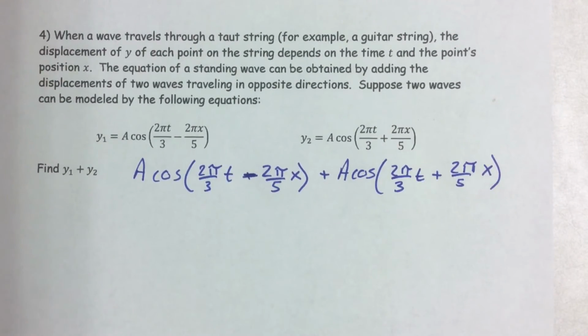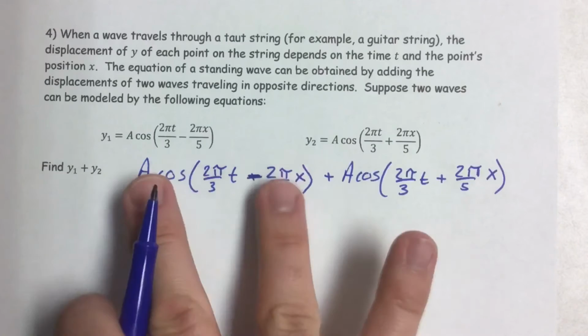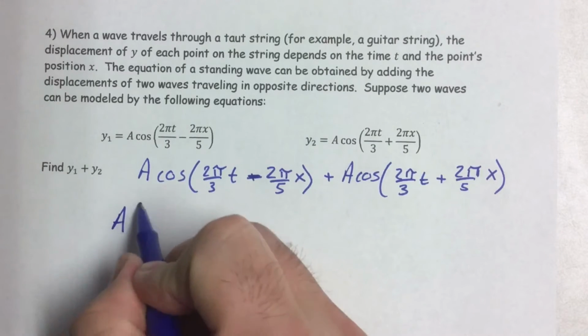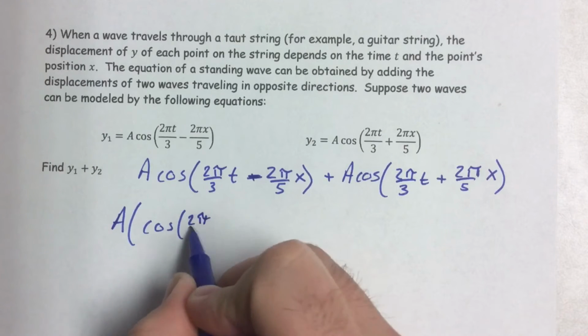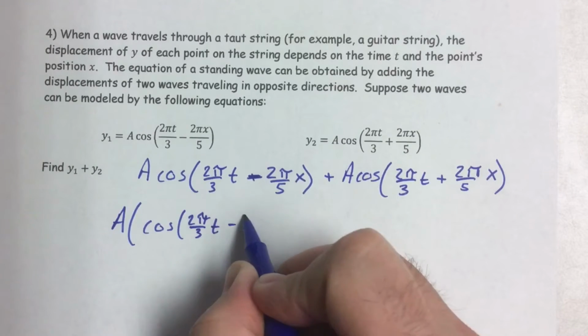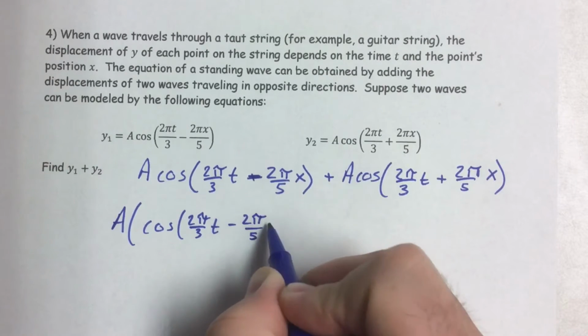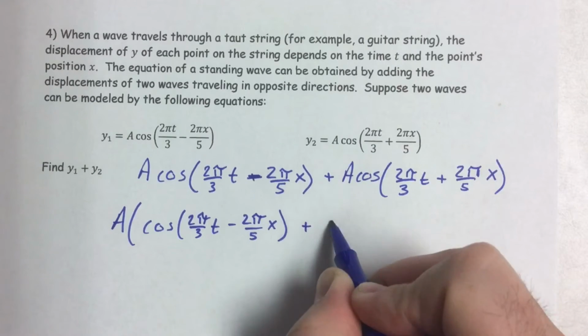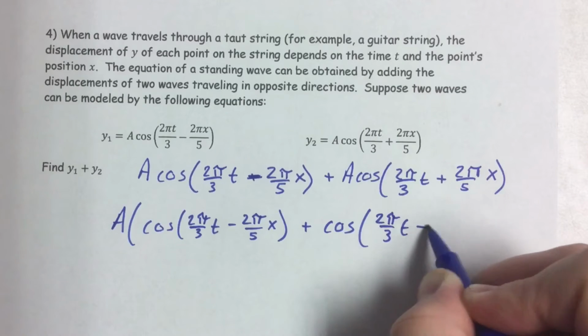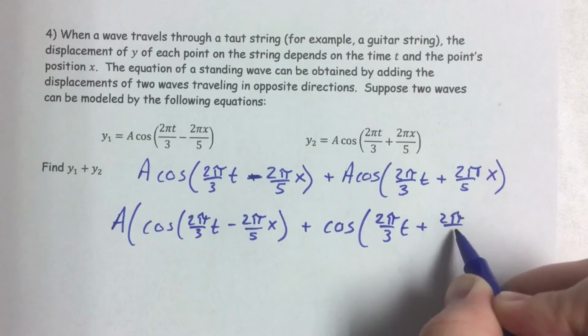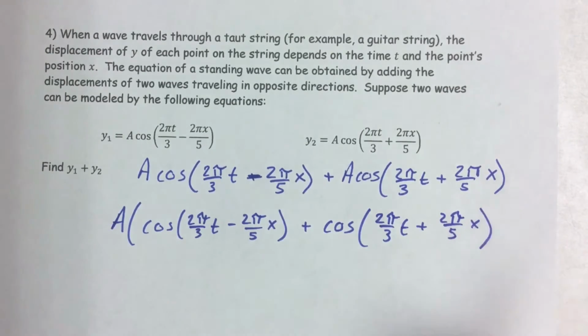I would first look at this and see that there's a common a that we can pull out: a times the quantity cosine of (2/3 pi t minus 2/5 pi x) plus cosine of (2/3 pi t plus 2/5 pi x).